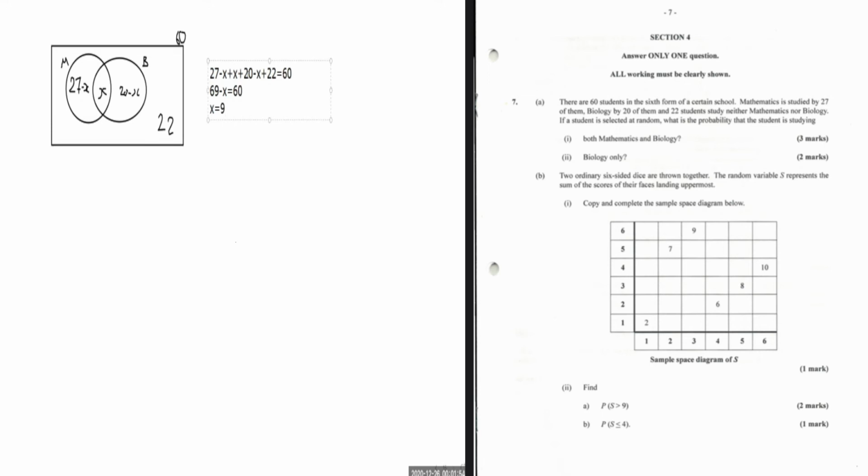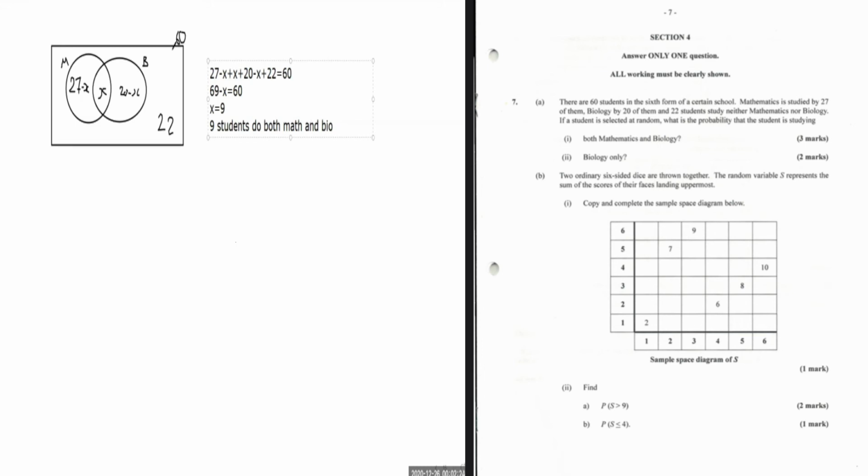So that means 9 students do both math and bio. Since 9 students do both math and bio, it asks now, what's the probability that a student is doing both math and bio?